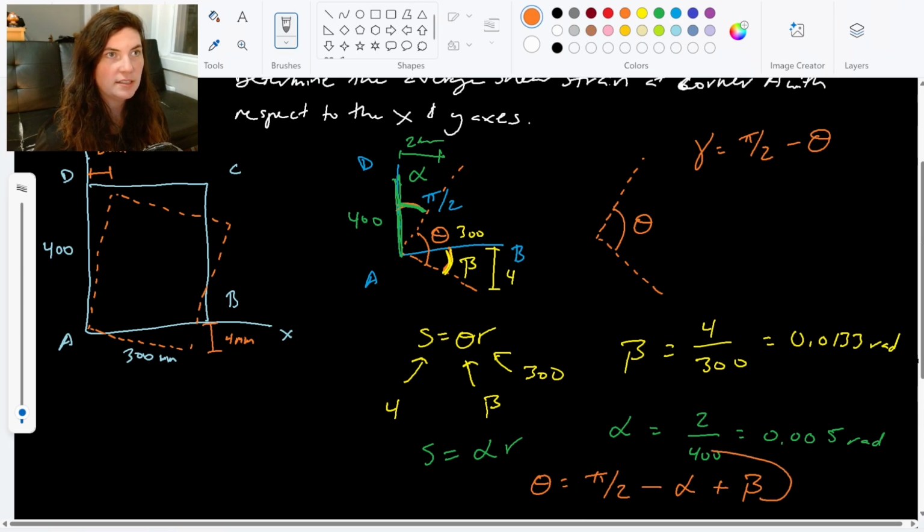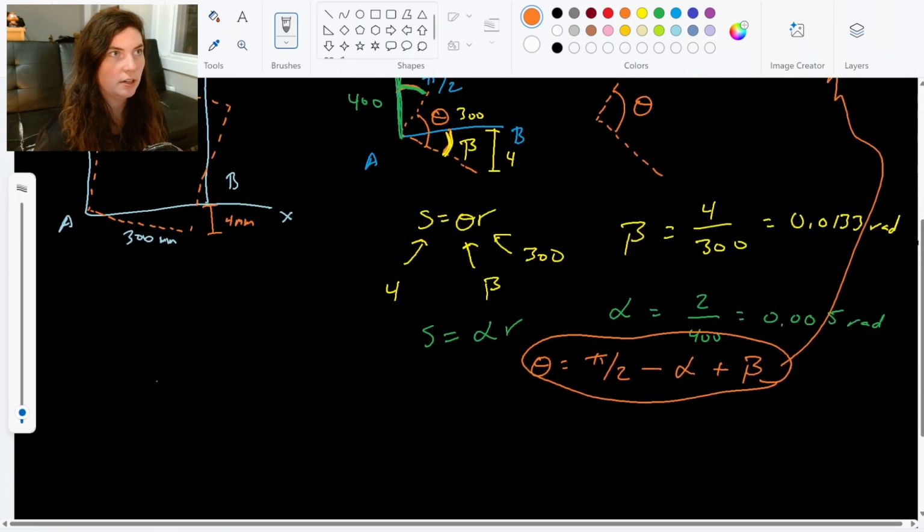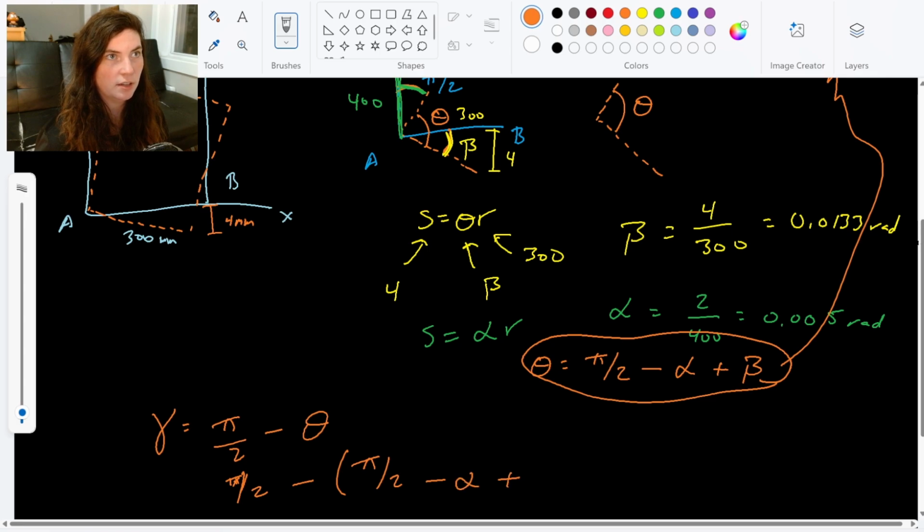And we can plug this up into our shear strain equation. I'm going to bring that down here. Gamma is pi over 2 minus theta. So gamma is pi over 2 minus pi over 2 minus alpha plus beta.